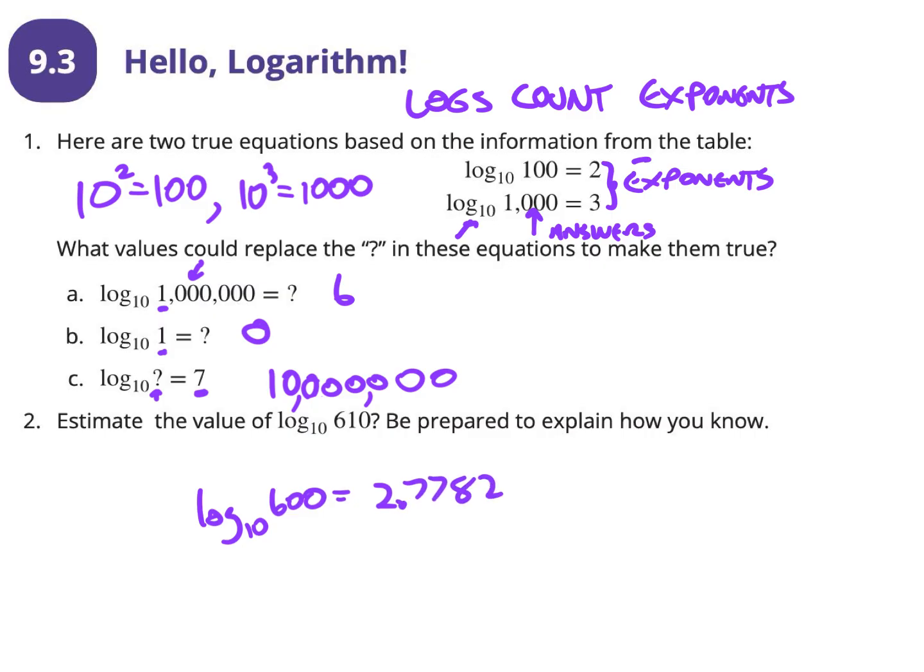So log base 10 of 610 is going to be bigger than 2.7782. It could be 2.7785. I don't know. It's just bigger. And in the next lesson, I'm going to show you how to use the log button on the calculator. And then you don't ever have to worry about looking at charts again.